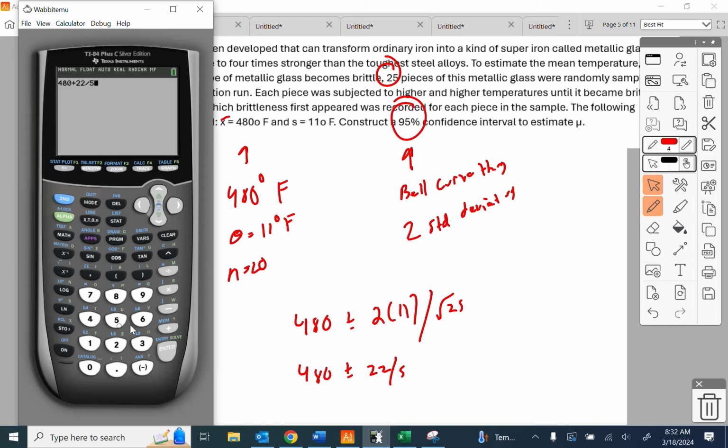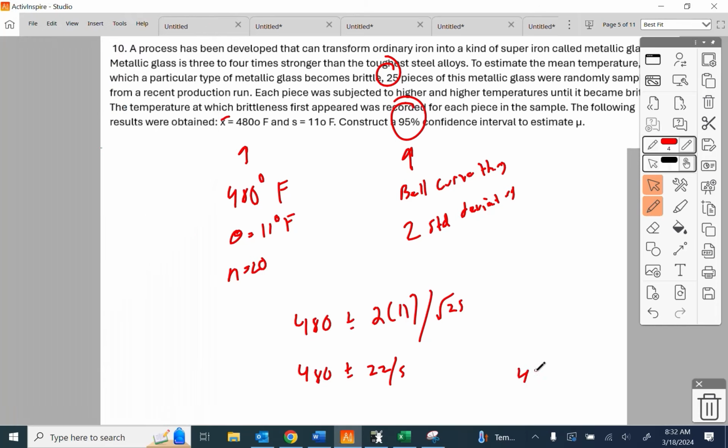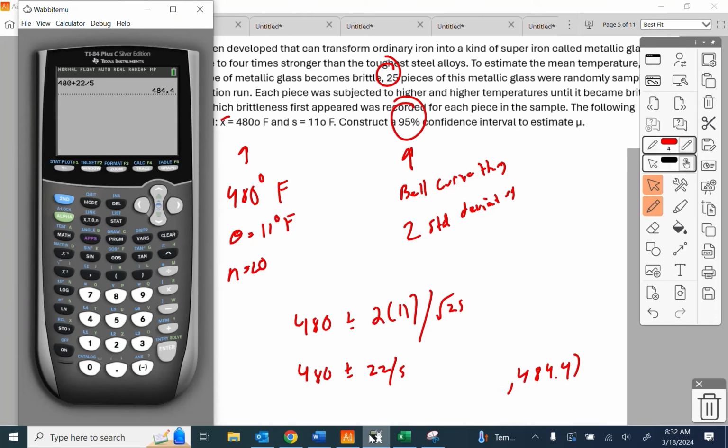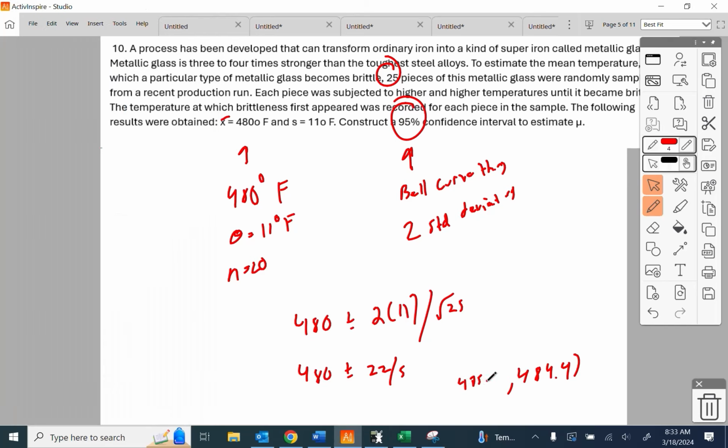I don't know why I'm doing this in a calculator, but whatever. 484.4 is the upper boundary. The lower boundary should be about 475 something. Let's see if I'm right. I'm tired, but I'm not this tired. 475.6. And there you go. The true mean for that process lies between 475.6 and 484.4 degrees Fahrenheit.